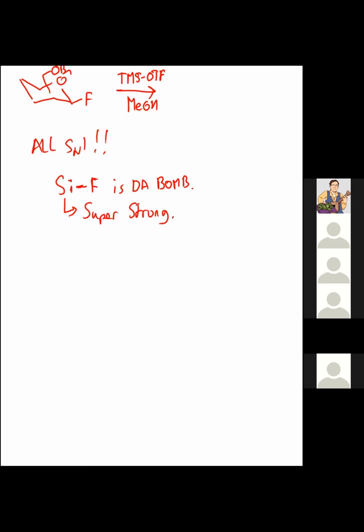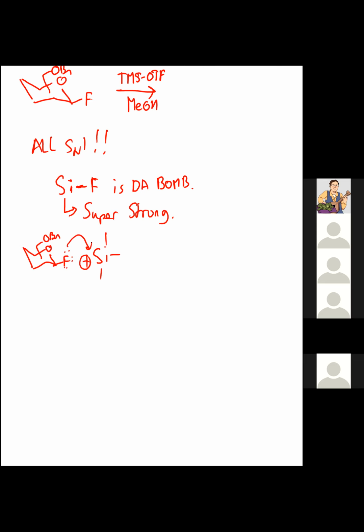But silicon-fluorine bonds are really, really strong. So when you mix TMS triflate with a fluorine that is kind of on its way off anyways because it's an anomeric fluoride, it shouldn't surprise you that you're going to get some silicon plus. There is a fluorine nearby. That's not going to do that kind of maybe sort of thingy thing that we were doing with the BF3.